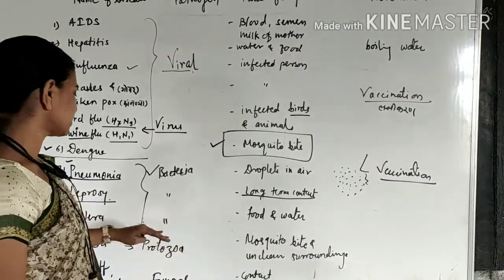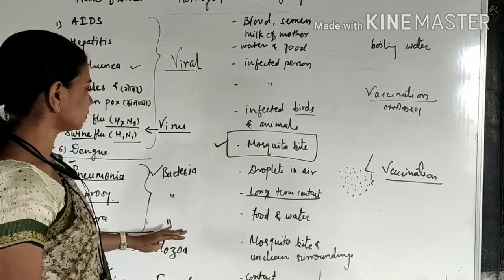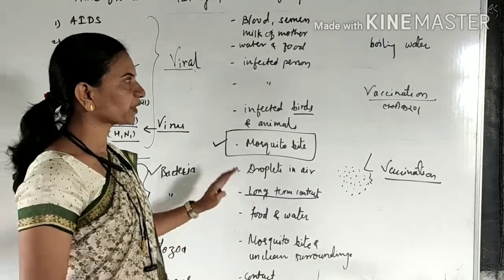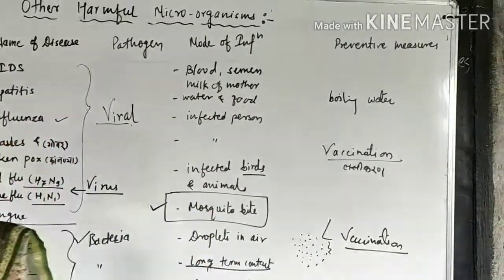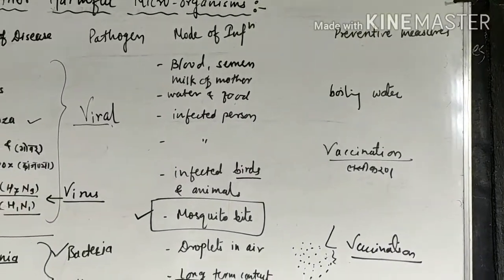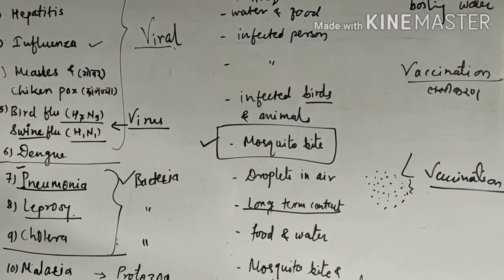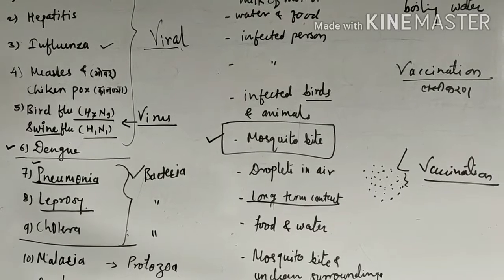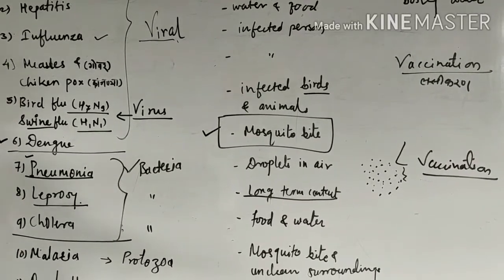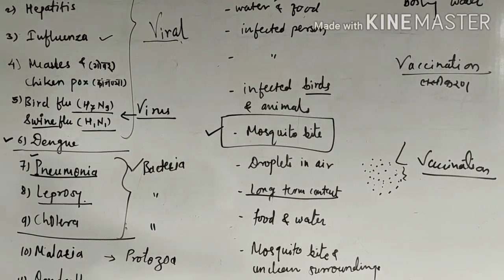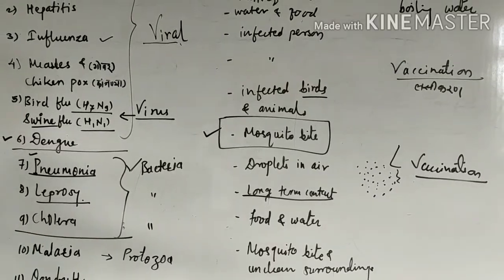So there are chances of infection of cholera due to this bacteria. Therefore, the preventive measures for cholera are clean food and water. You must eat fresh food, and also your water must be boiled to avoid the infection of cholera.